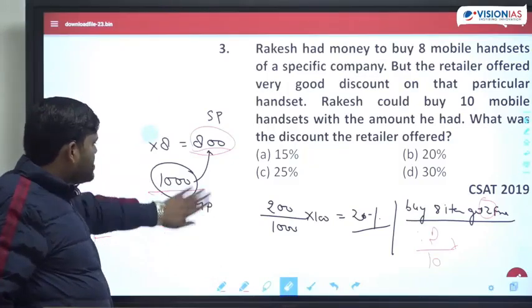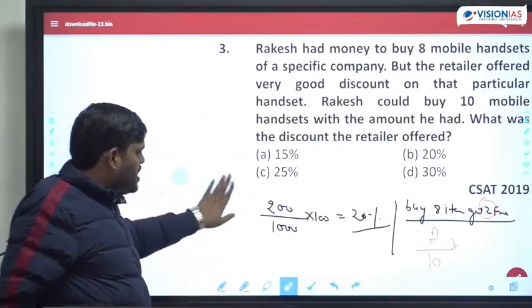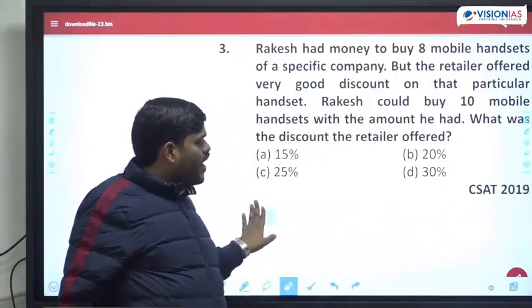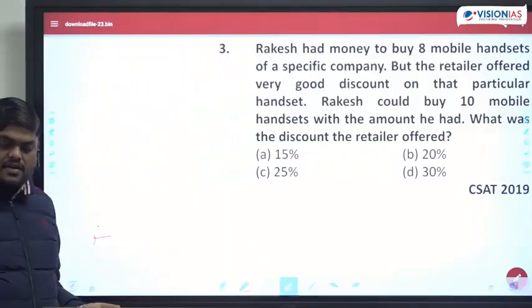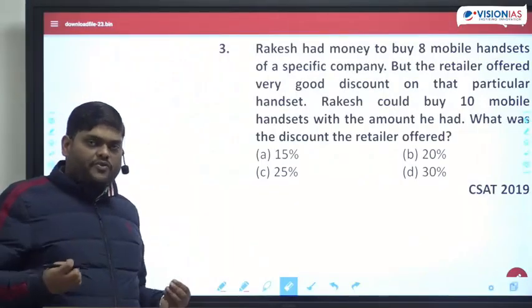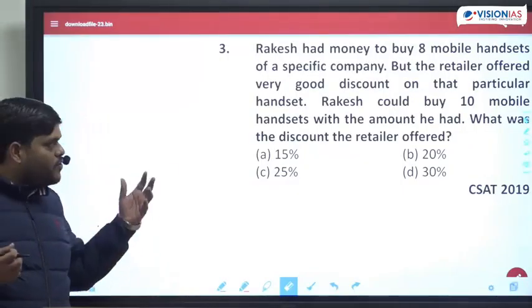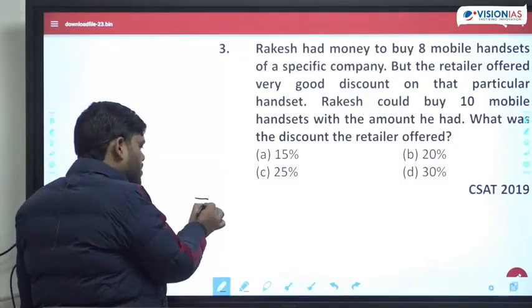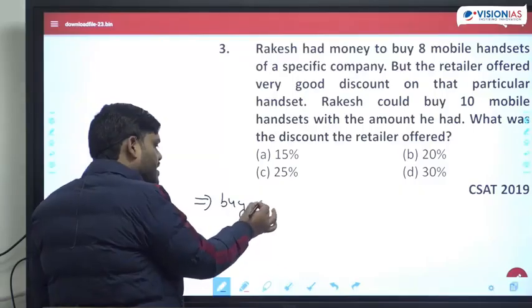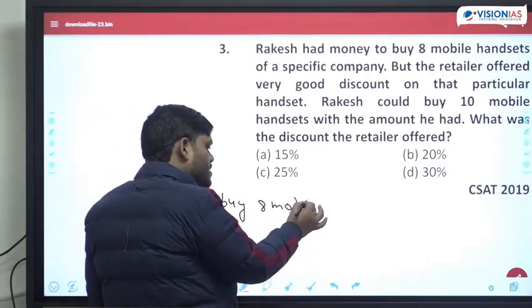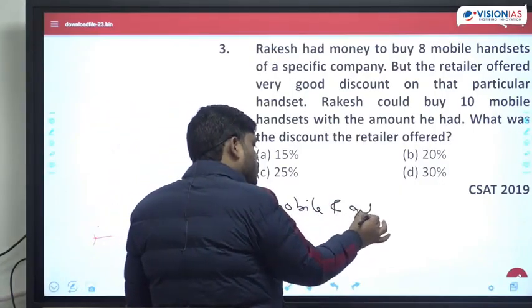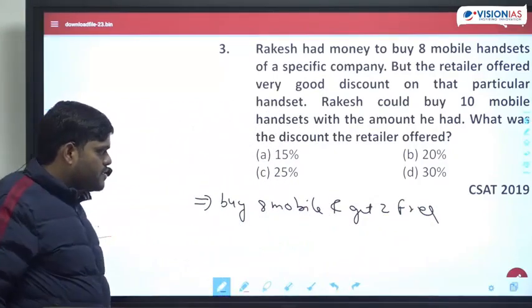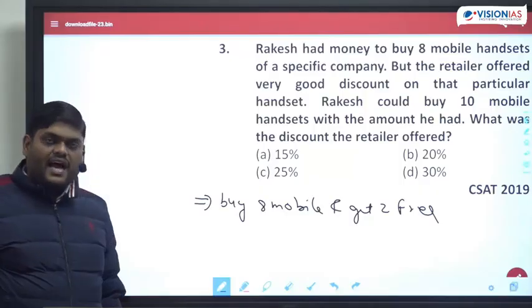The question is very simple. He went to buy 8 mobile phones, but now, because of the discount, he gets 10 mobile phones. So the simple question is: buy 8 mobiles and get 2 mobiles free.